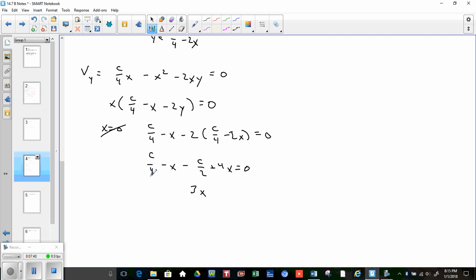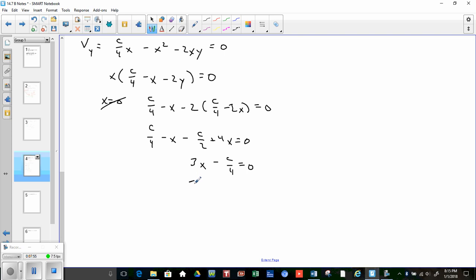Combining the c's, that's c over 4 minus c over 2. This is the same as 2c over 2, so it's going to give us negative c over 4 equals 0. Adding c over 4 to both sides, and then dividing by 3 gives us that x should equal c over 12.